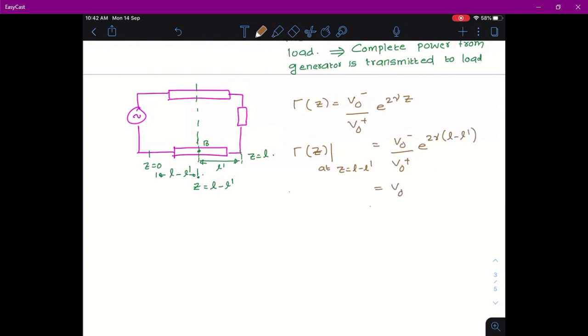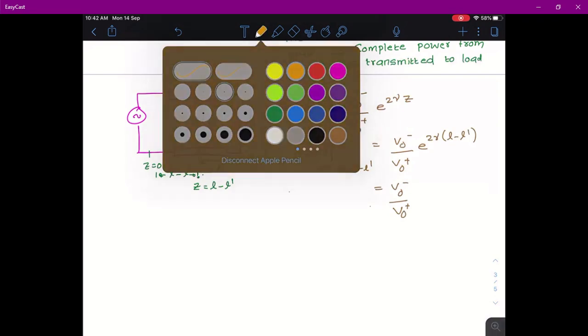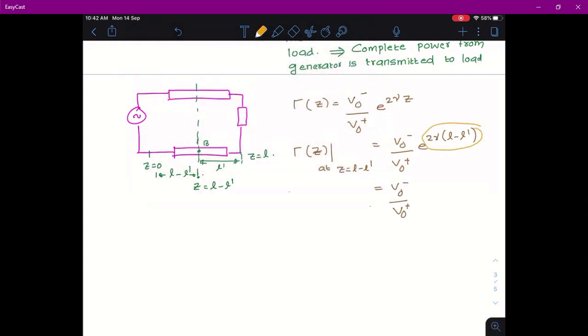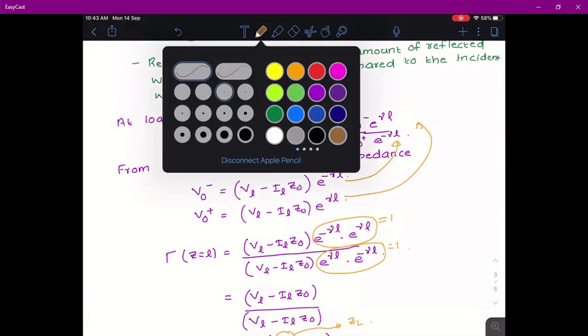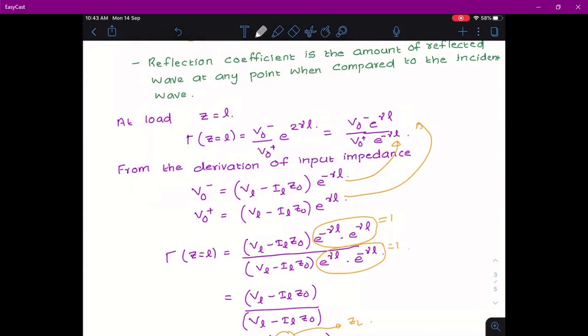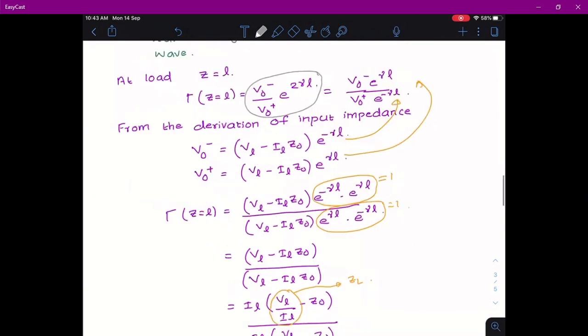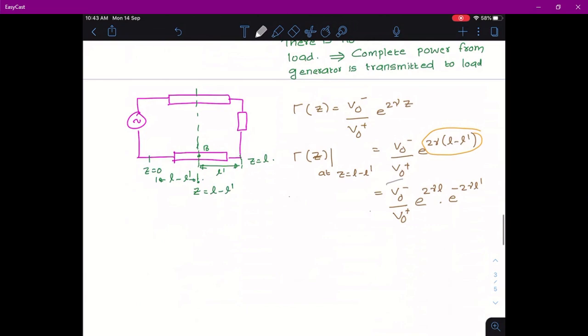Let us expand the exponential part. So, we will get e raised to 2 gamma L into e raised to minus 2 gamma L dash. We have seen that V0 minus by V0 plus e raised to 2 gamma L is actually the reflection coefficient at the load, which is tau L. So, I can write this part as tau L.